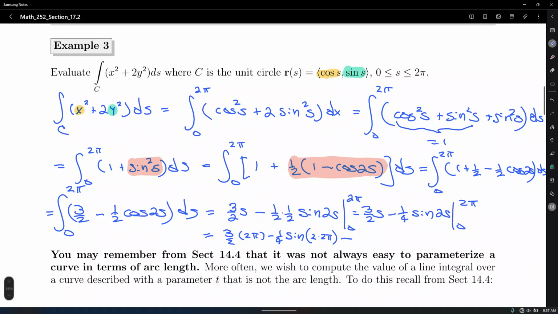Minus big 0. Sine of 4 pi is 0. Divide this out, we get 3 pi. So that's the value.